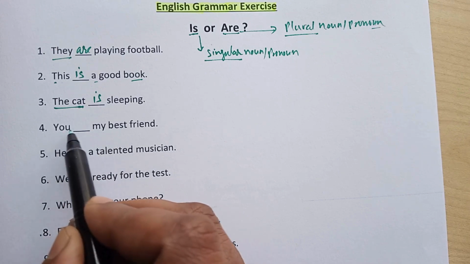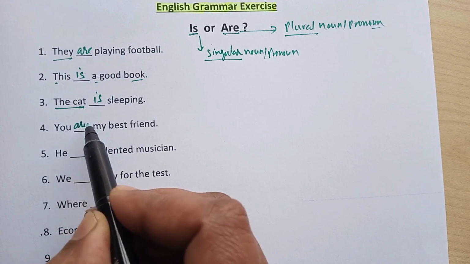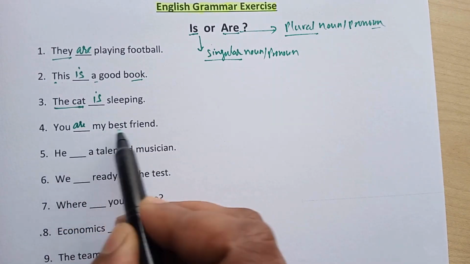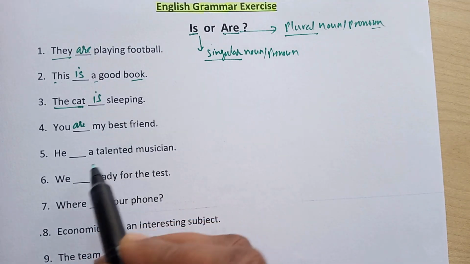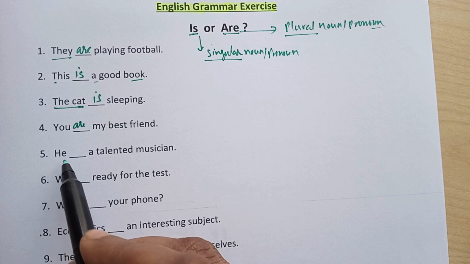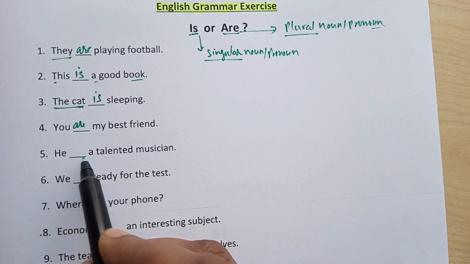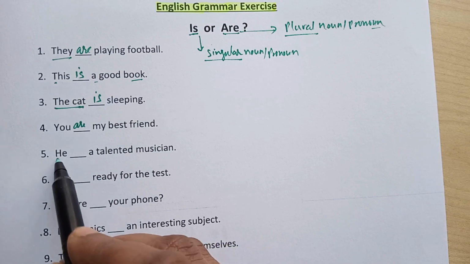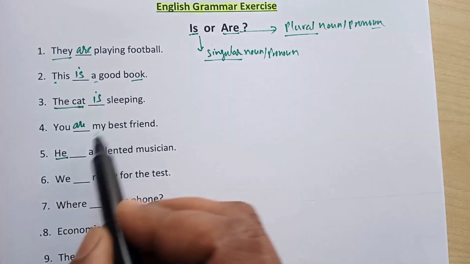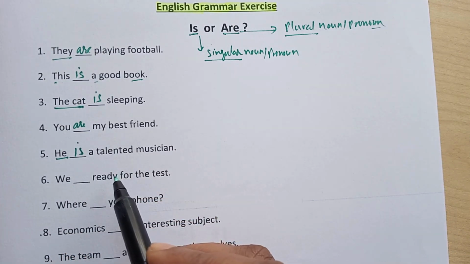So you always use "are" with you, even when you have singular. I'll explain the rule later on. Now you have another example here: he blank a talented musician. Now "he" is a singular pronoun. So you'll be using: he is a talented musician.